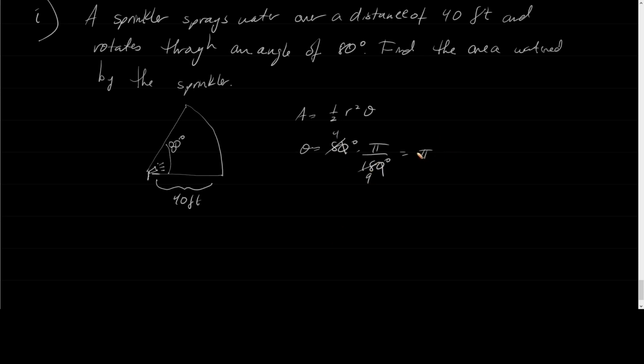So we end up with 4 pi over 9 as our angle, which tells us now that our area is going to be 1/2 times the radius, which was 40 feet, squared times 4 pi over 9.